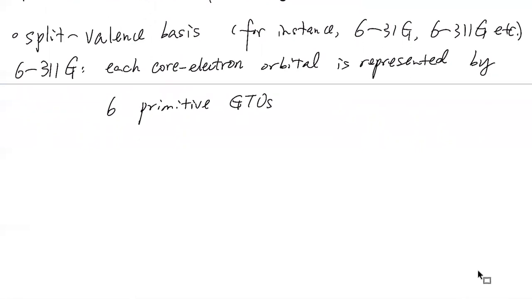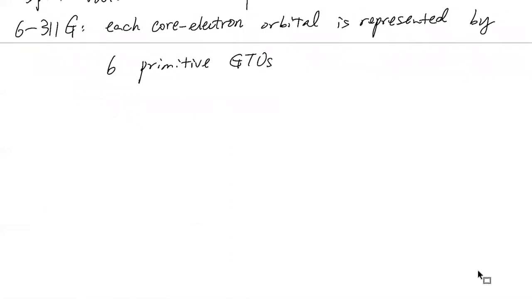It's a linear combination of 6 primitive Gaussian type orbitals. The coefficients, of course, are obtained by fitting. These are actually called the core contracted Gaussian type orbitals.